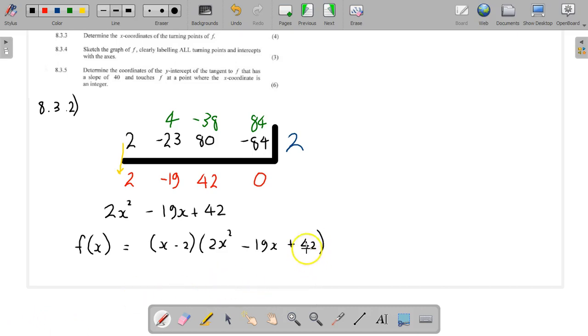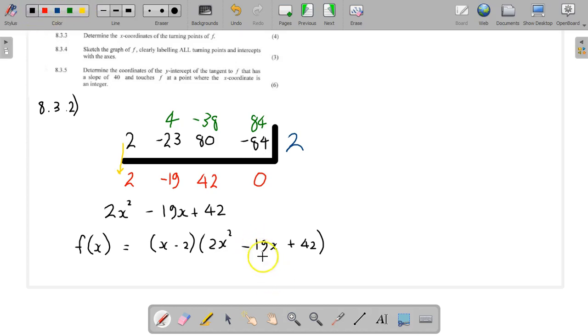And I remind you that they said fully factorize, so this can be factorized further, and I am going to use the cross method to factorize, and this is a good refresher for you.